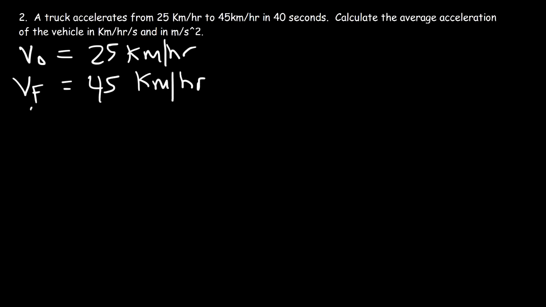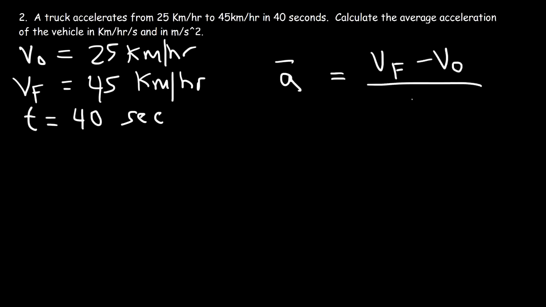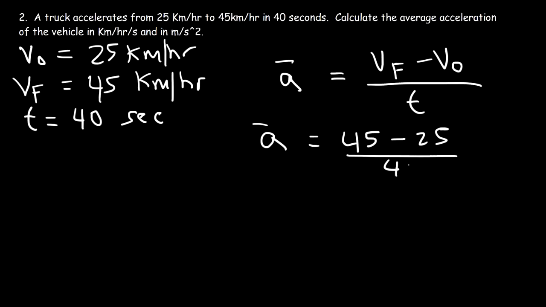And the time in between these two events is 40 seconds. So now we could use the same formula to calculate the average acceleration. So the average acceleration is the change in the velocity divided by the time. The final speed is 45, the initial speed is 25, and the time is 40.